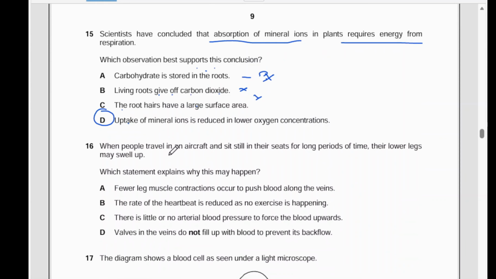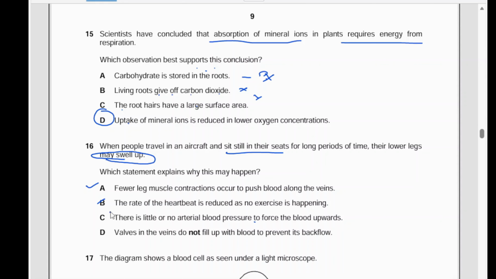When people travel in aircraft and sit still in their seat for a long time, their legs may swell up. Why would this happen? What do you think? Fewer leg muscle contractions occur to push blood along. The rate of heartbeat is reduced? This has nothing to do with it. There is little or no atrial blood pressure?